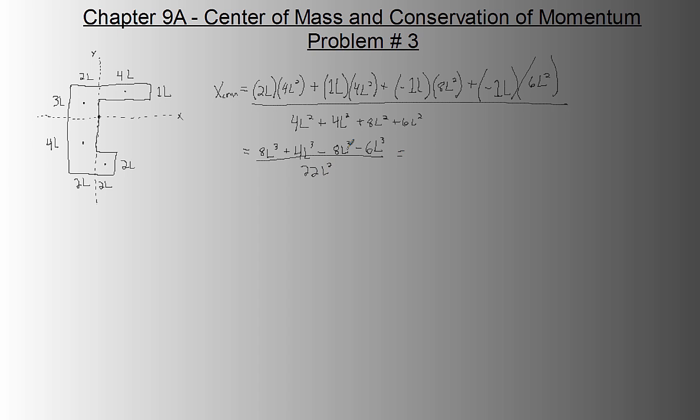That's going to be, those cancel, negative 2L cubed. So negative 2L cubed over 22L squared.